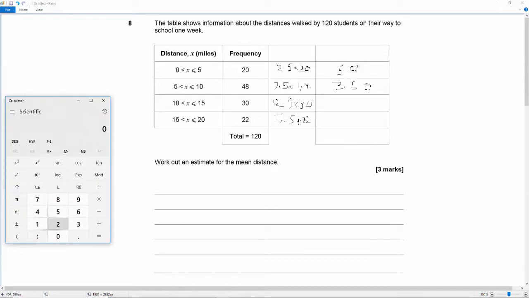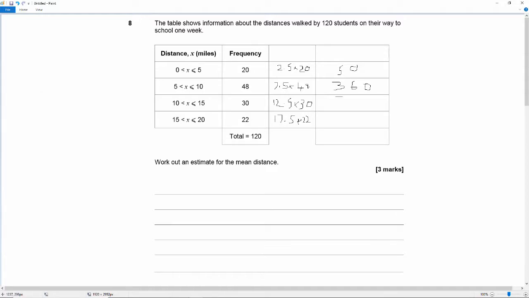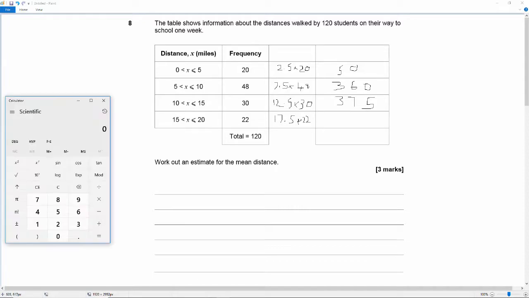Okay, so 12.5 times 30, 375. And lastly, 17.5 times 22. And that's 385.